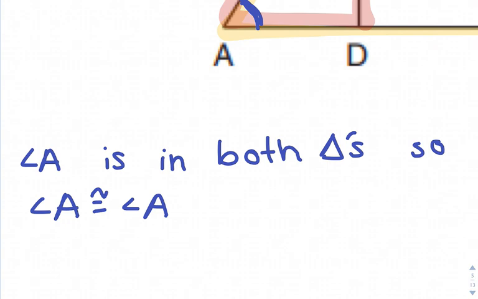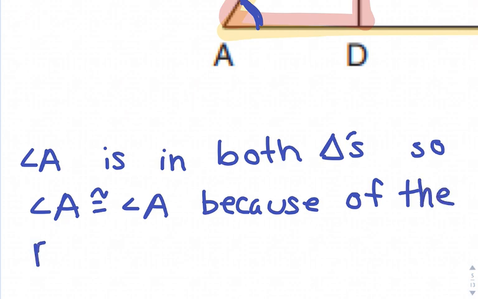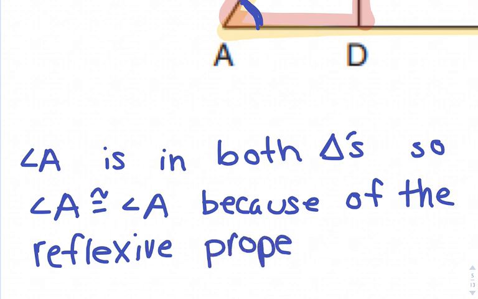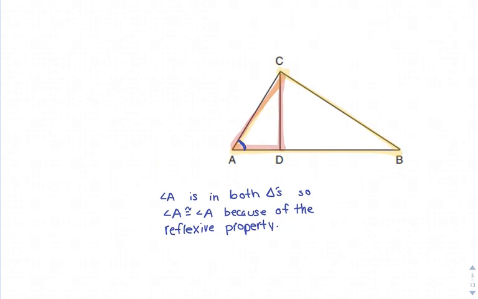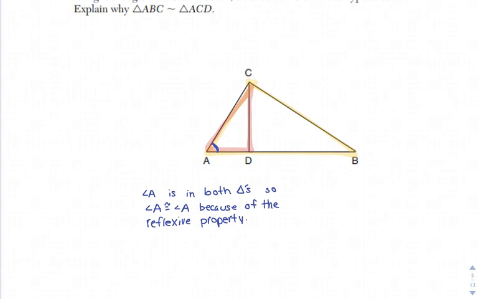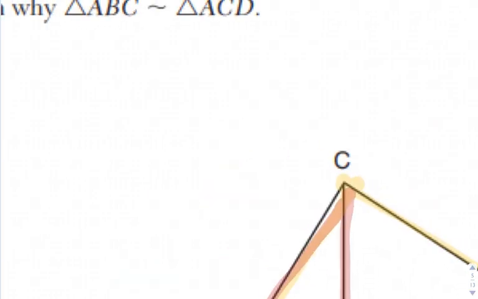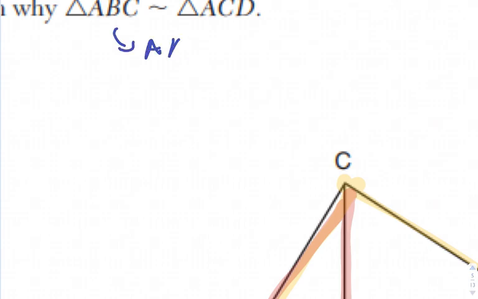And that's called the reflexive property. I wasn't given any side lengths, so that's why I can't do side, side, side, or side, angle, side. So I'm going to prove this similar by angle, angle.